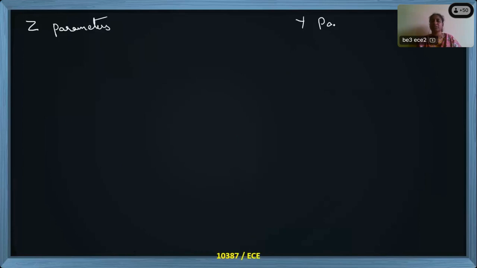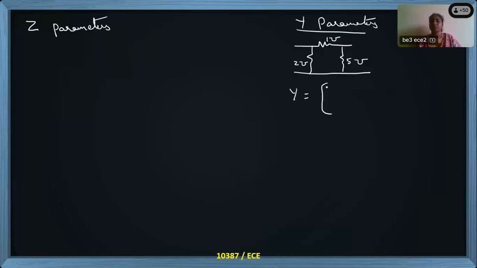Y parameters. In Y parameters, what I told, if it is pi model and if the values are in mho, okay, this is 2 mho and 1 mho or Siemens, 5 mho, okay. Y matrix is Y11, Y12, Y21, Y22, okay.